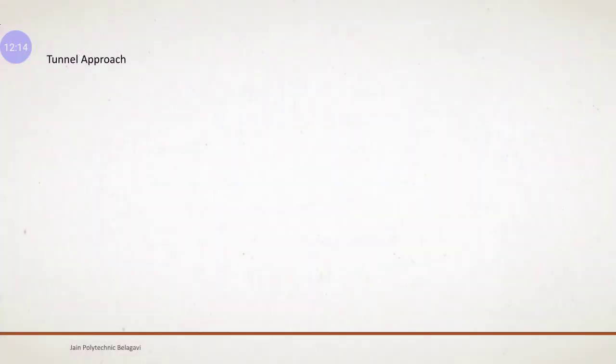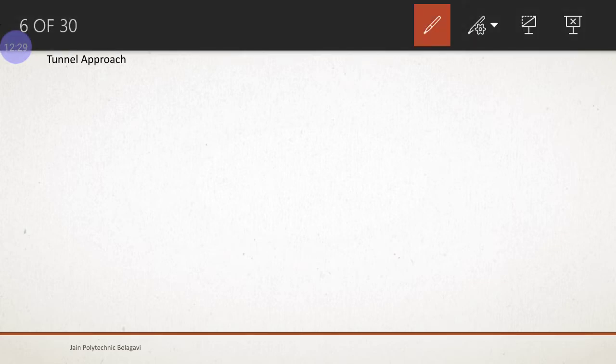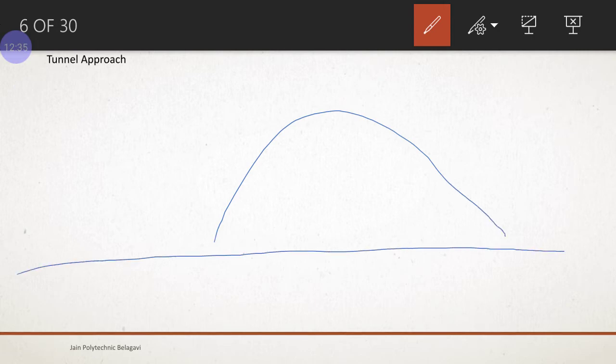Next is tunnel approach. Tunnel approach is nothing but the open cuts on both sides of the tunnel, before the start of the tunnel and after the end of the tunnel. Consider this is your mountain, and this is your road that is going to pass through it, and this is your tunnel.